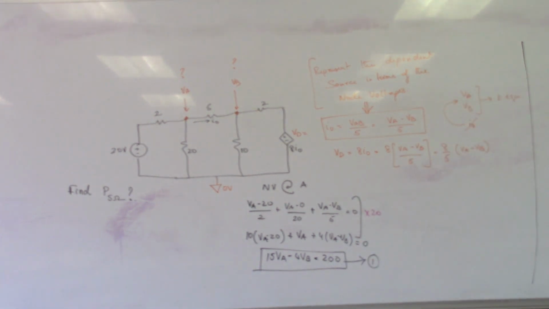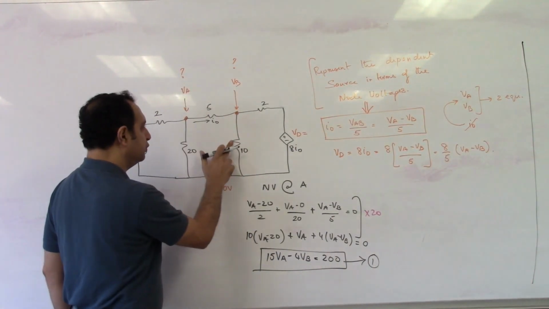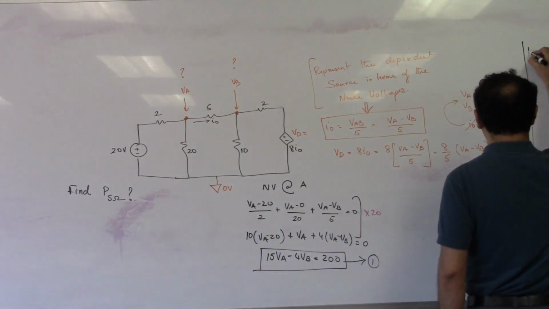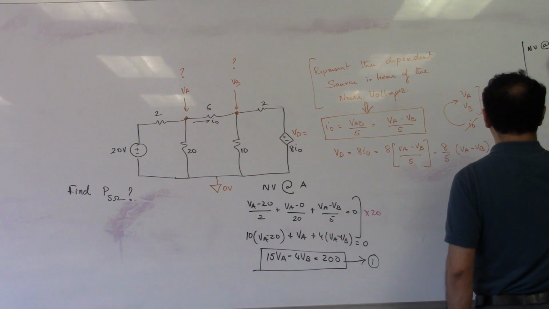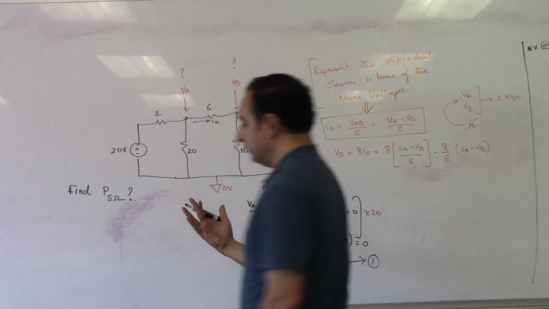All right, so let's do node voltage at B. When we do B, you again have 3 branches, 1, 2, and 3. So when we do node voltage at B, everything is subtracted from the node B, or VB.